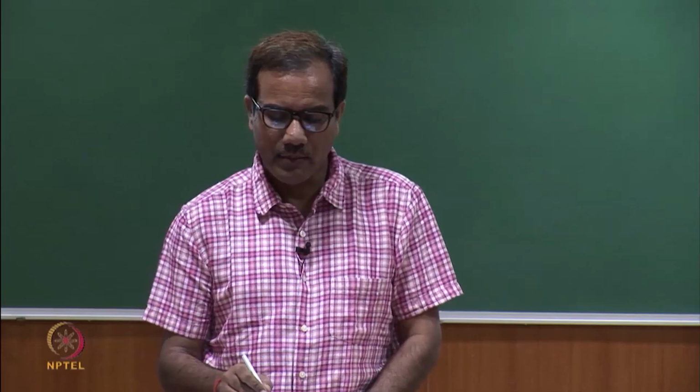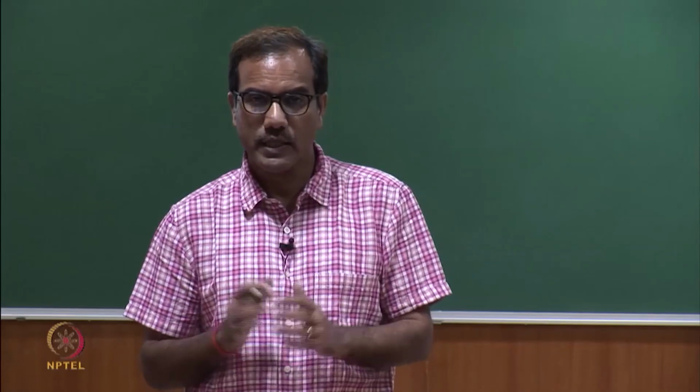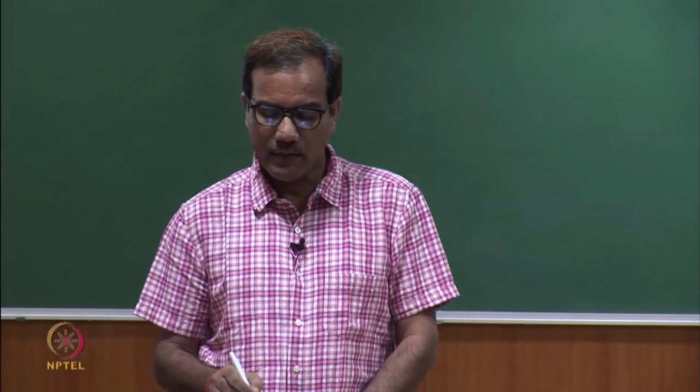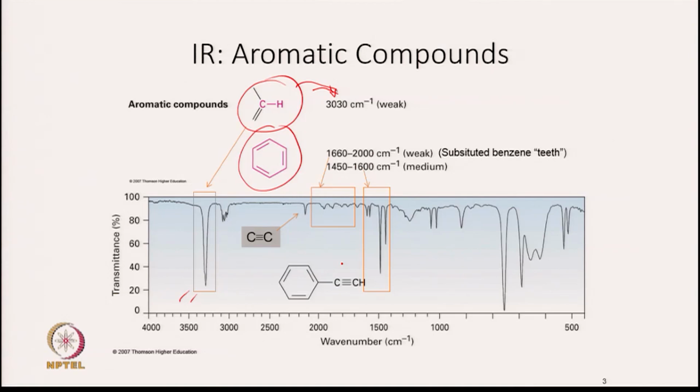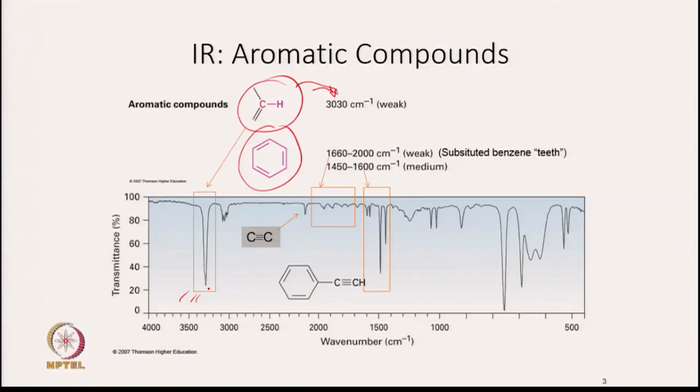If you look at the benzene, there will be this kind of bond, and this comes around 30 centimeter inverse, which is here. So this is characteristic of benzene ring. What you are looking at is phenylacetylene. Phenylacetylene has a benzene ring, and so you will get one peak around 30 centimeter inverse.